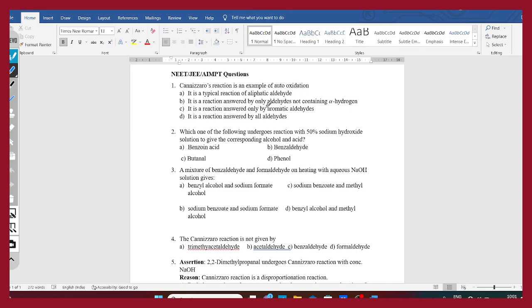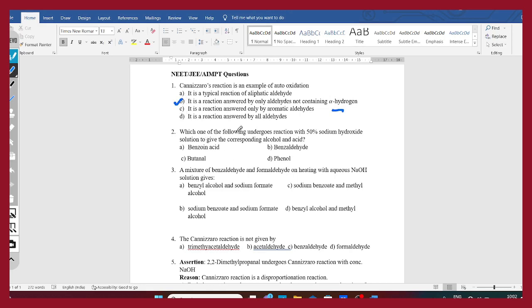It is a reaction answered by only aldehydes not containing alpha hydrogen. It is a reaction answered by only aromatic aldehyde. It is a reaction answered by all aldehydes. Actually, for the Cannizzaro reaction you should remember that the aldehyde does not contain alpha hydrogen. So this is the answer B.